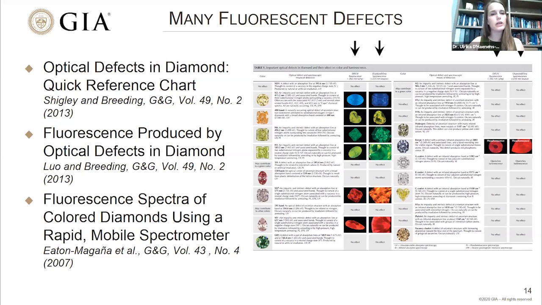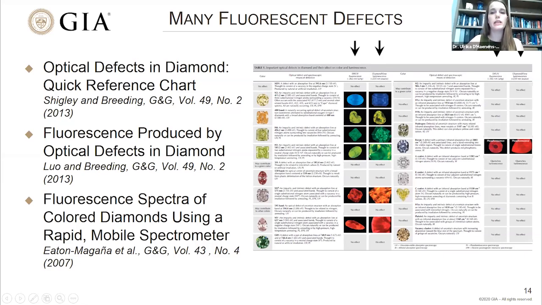And for that, if you are interested in learning more about them, GIA scientists have produced a series of different articles on it. So for instance, there's a quick reference chart, which is shown here by Shigley and Breeding from 2013. And these 2 columns here are related to the long wave and diamond blue fluorescence colors. So it gives you a lot of information on the behavior that you might see if your diamond contains those defects.